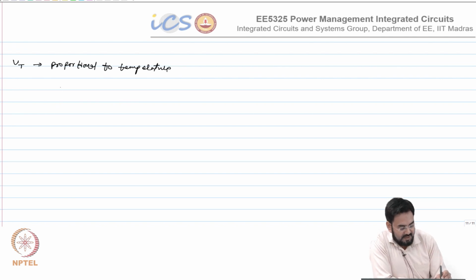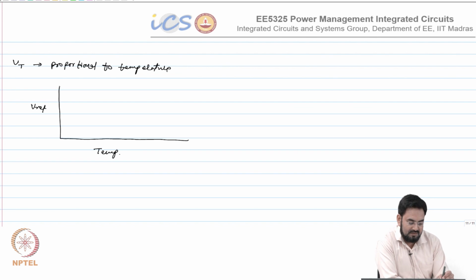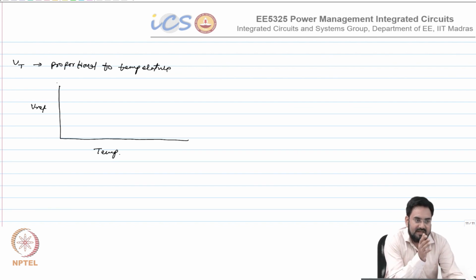Okay, so if I want to generate a band gap, if this is my temperature and this is my Vref, if I have one voltage which is proportional to temperature, and I can get another voltage which is inversely proportional and add up the two, then you can get a flat voltage.